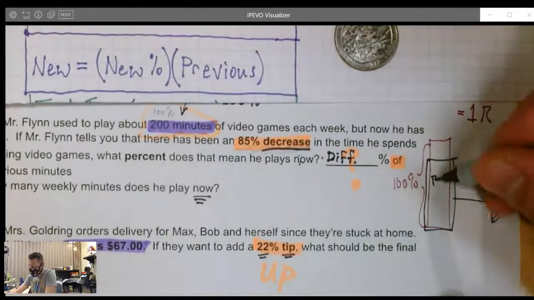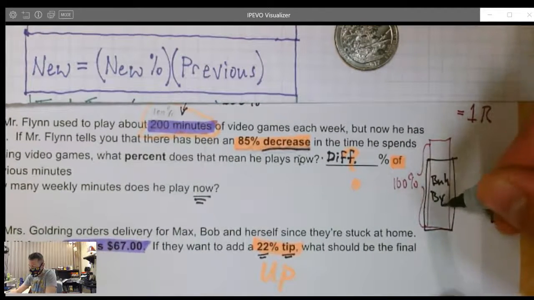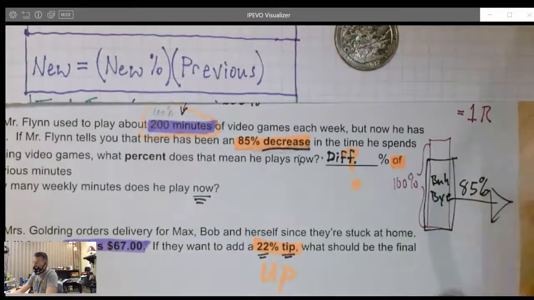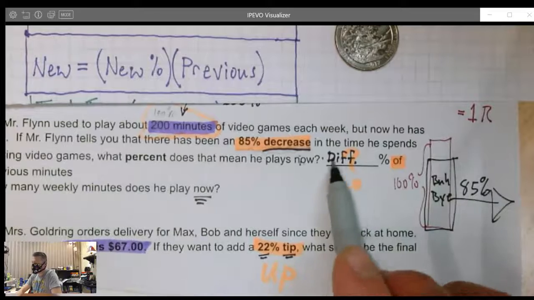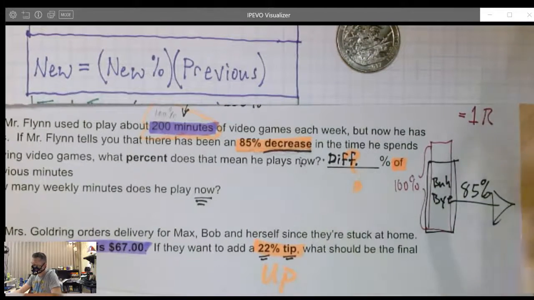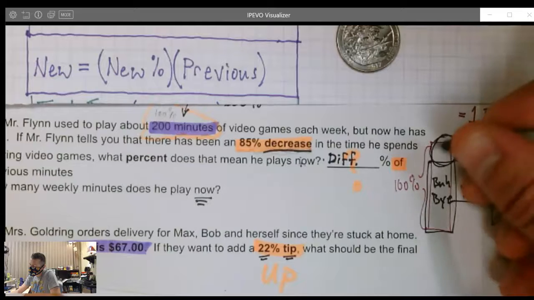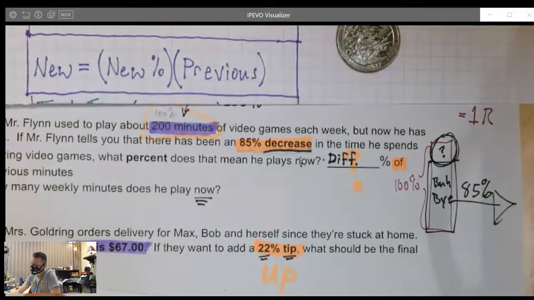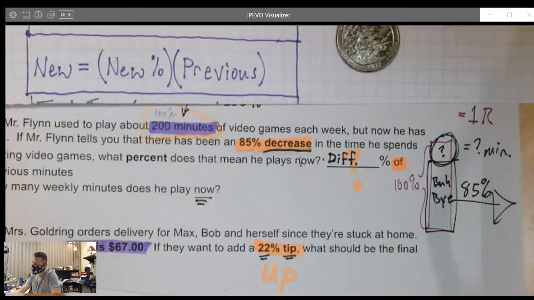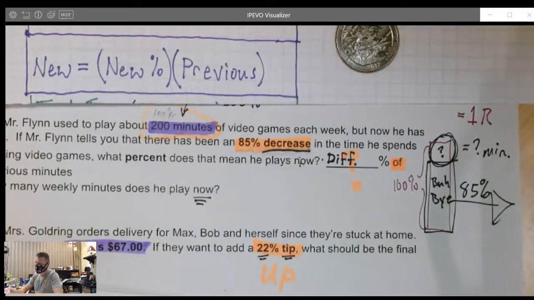So we say bye-bye to 85% of the time that he used to spend playing video games. What we're asking on this line is what percent does he have left? What is left for him now? What percent does he still get to play compared to before? And then how many minutes will that equal?